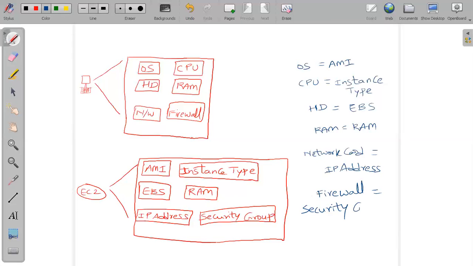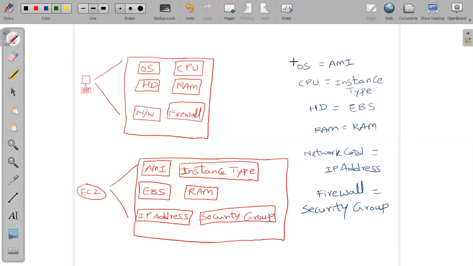Security group. Beyond this line, it will get discarded. So that's the reason I'm trying to show these two lines, right? So that's very important.